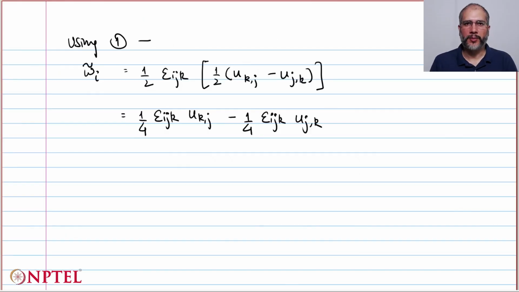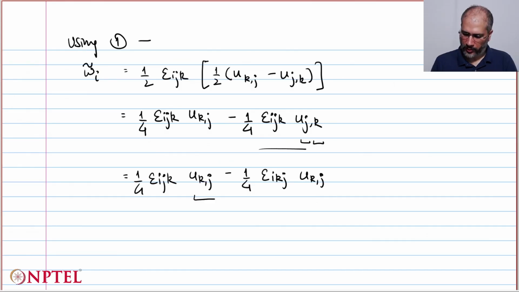So expand the terms, and now what I'll do is I will replace j with the k and k with the j in the second mathematical term here. This simply is index manipulation. So now we see that these terms are the same.